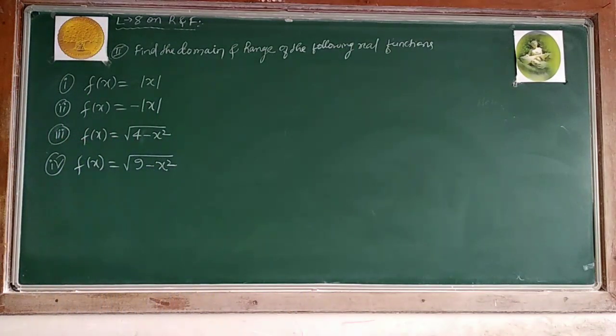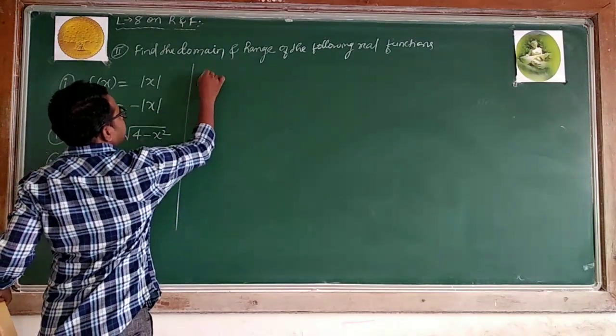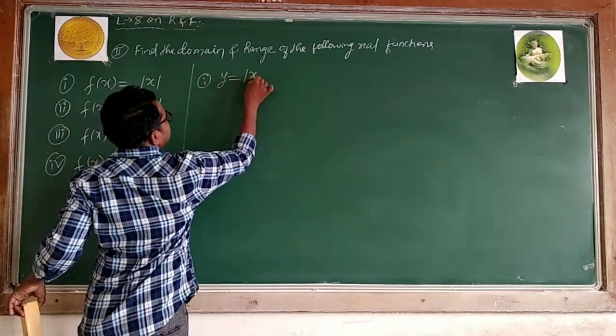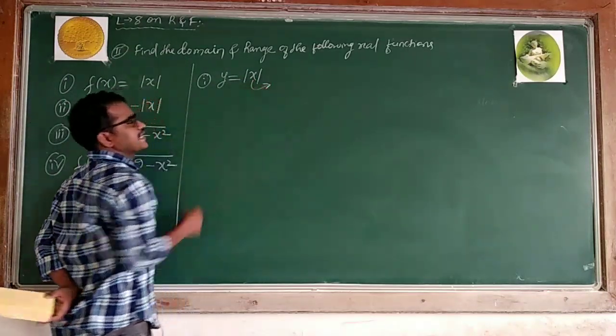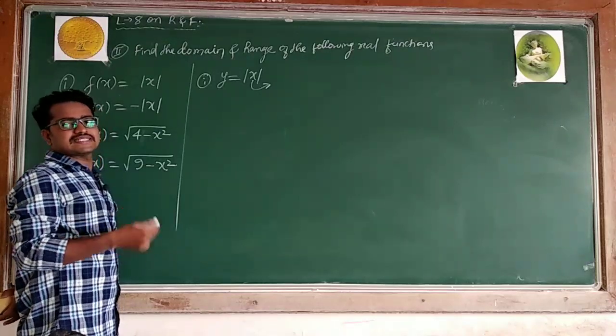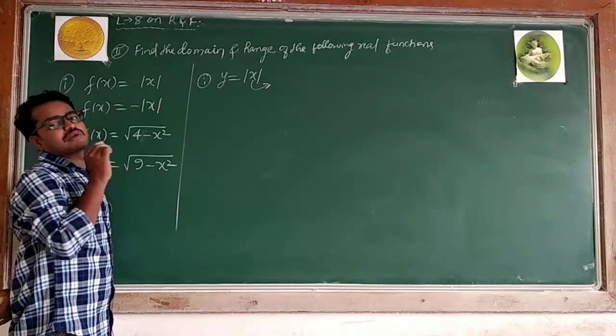What are the possible values of x and what are the possible values of y? I will take the first one. I can write y equal to f of x, which is modulus of x. For modulus of x, x can be any real number. 0 is no problem, and 2, 3, 4, 5, 6, 7. For negative numbers like minus 1, minus 2, minus 3, minus 4, you will get a positive value.